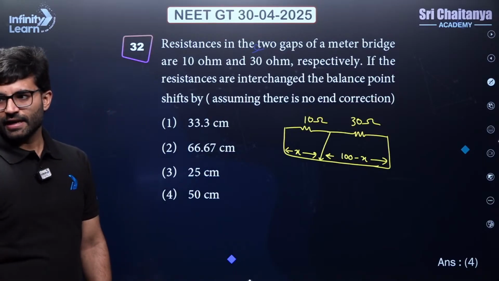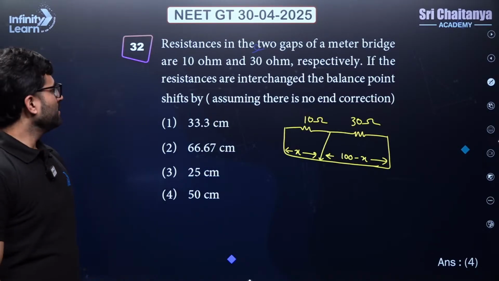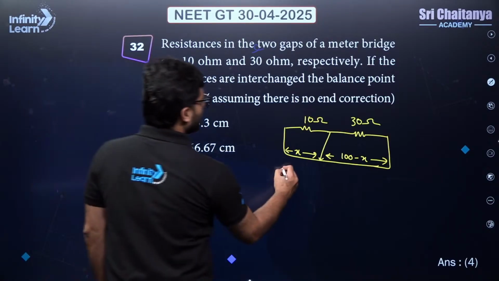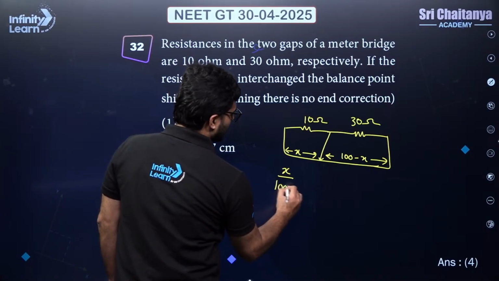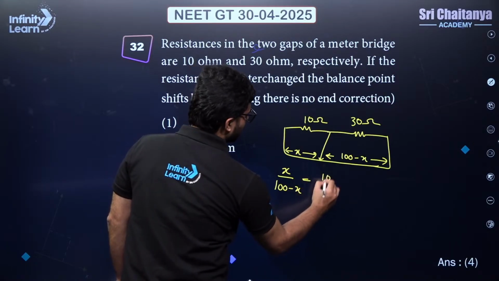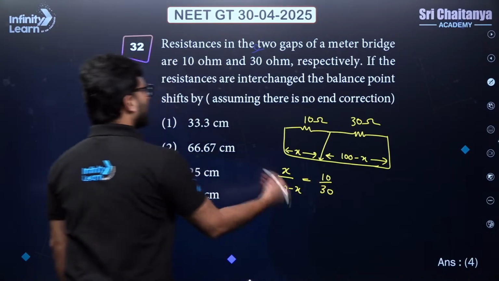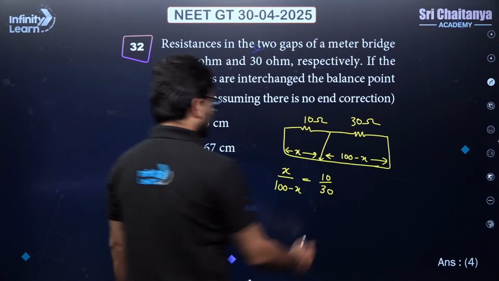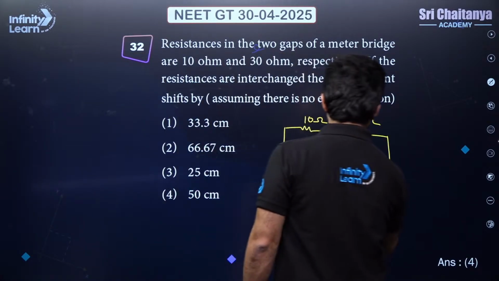So now they are saying that this is a meter bridge situation. So again we know that x upon 100 minus x is equal to 10 by 30. So from here you calculate x, right? Let us try to calculate. So from here x will come out to be 25.